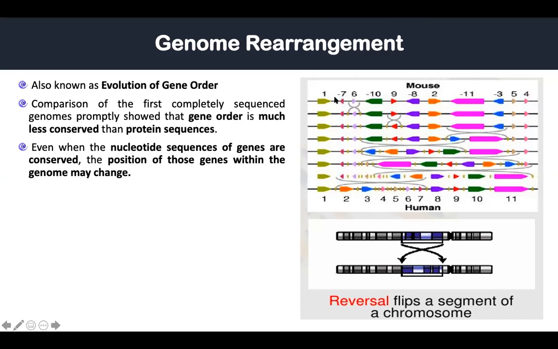But the order of these genes is completely rearranged. This is quite frequently seen even among closely related species. It could be even bacteria or eukaryotic genes.